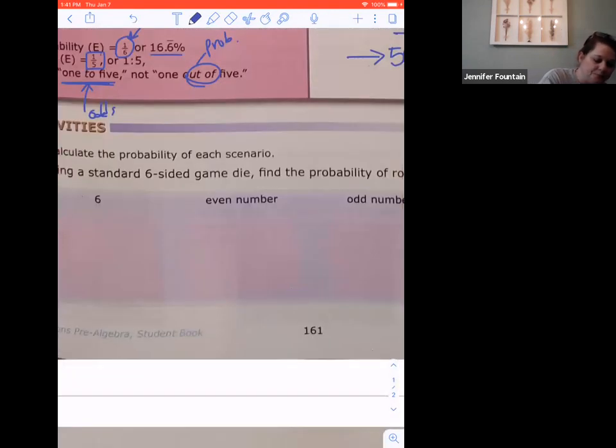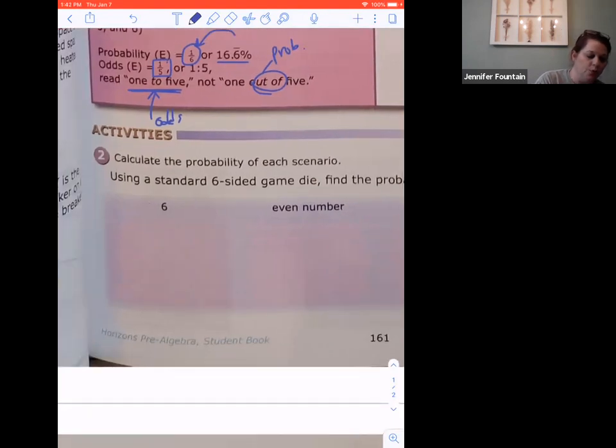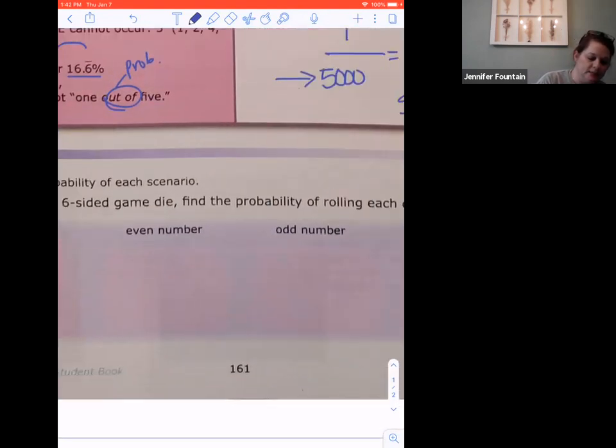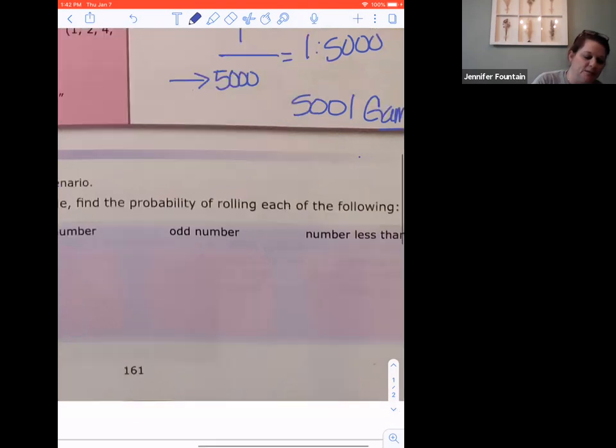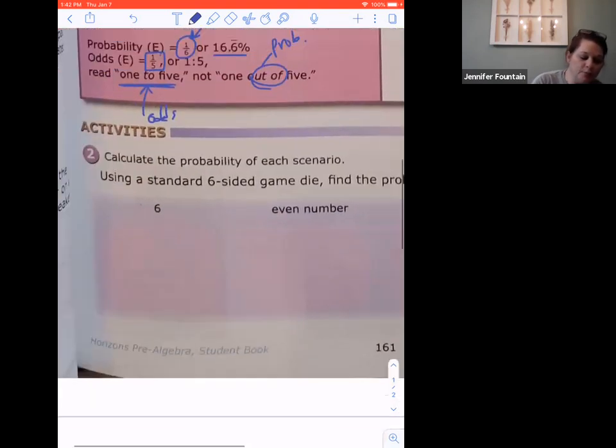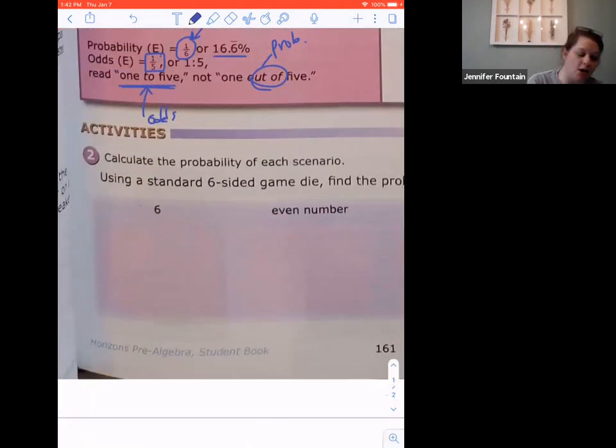Okay, just a second, let me go back to my page. So in this section we're going to be dealing only with probability. On the next page we'll be looking at odds.